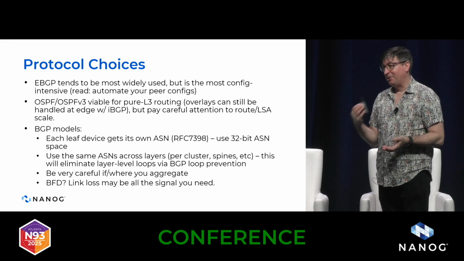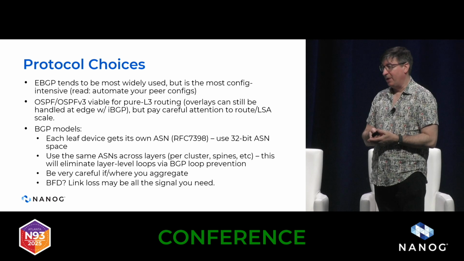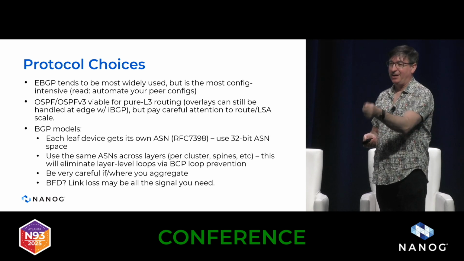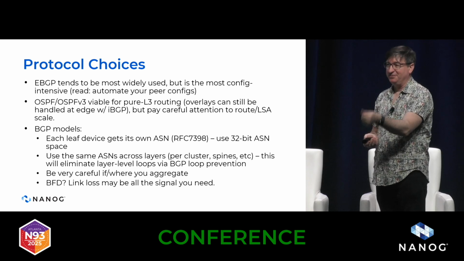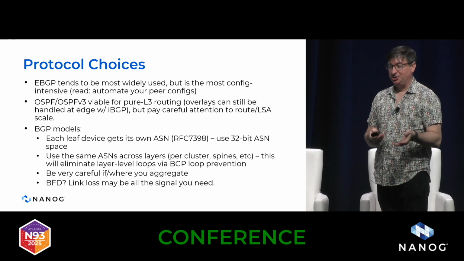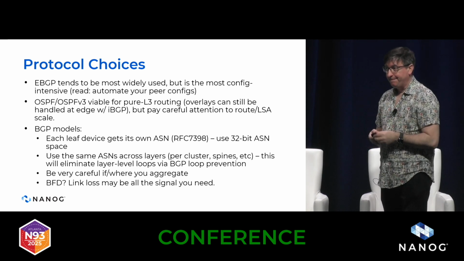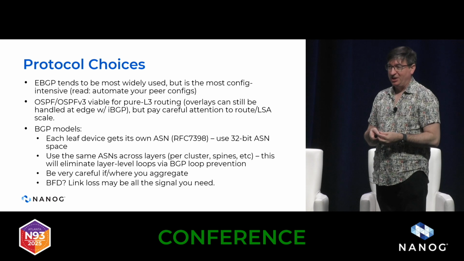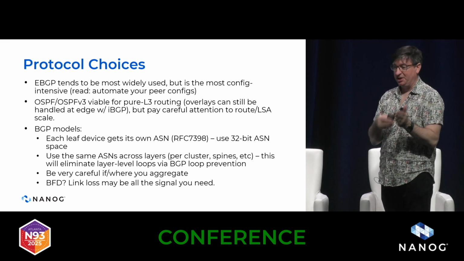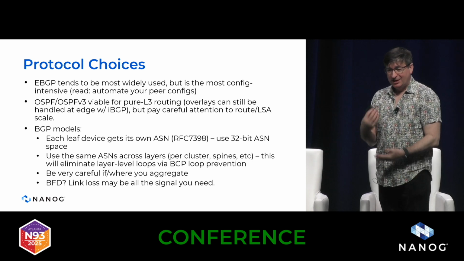Be careful where you aggregate. There are some corner cases where you might wind up following an aggregate route to a device that might not have a specific leaf route if there's a link failure. That's a major consideration in the multiplane design, but just keep that in mind and make sure that you don't aggregate in a way that risks losing the more specific routes.